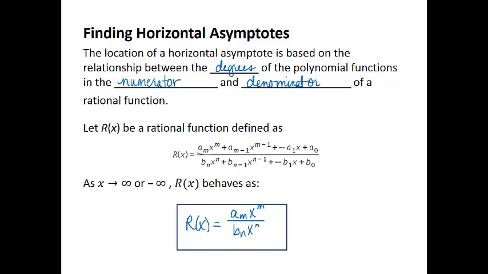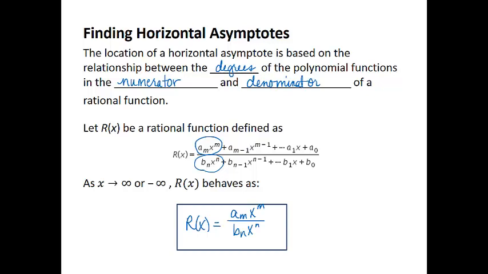That is, the leading term kind of takes over, because if you think about exponents and the way they grow, if this is the largest exponent, that value is going to far exceed whatever we can add to it with smaller exponents.